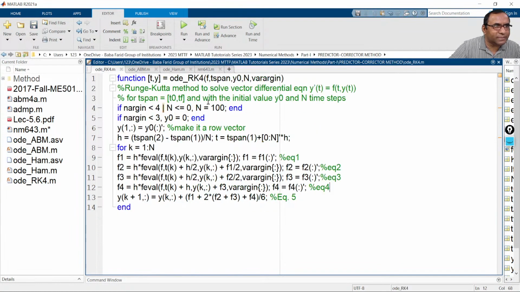Now come to its place. First, you need to understand the Runge-Kutta method and how many parameters are involved there.